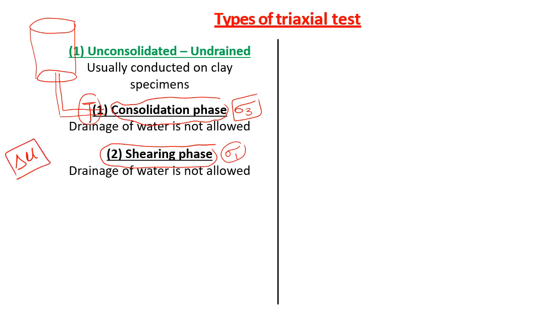The water wants to get out of the soil sample, but it can't. So an excess pore water pressure is generated in this test. As a matter of fact, this test simulates the field conditions where you have a soil profile of saturated clay being loaded.